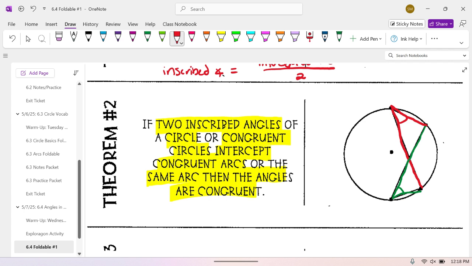What's so special about their arc? What's so special about that arc, or arcs?